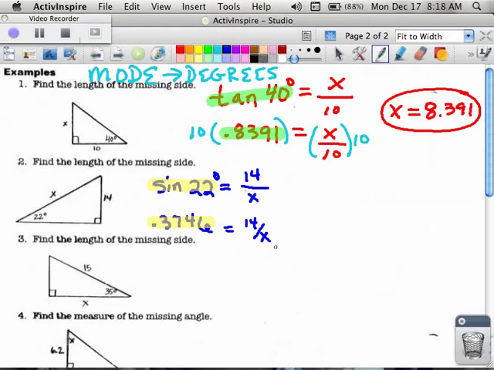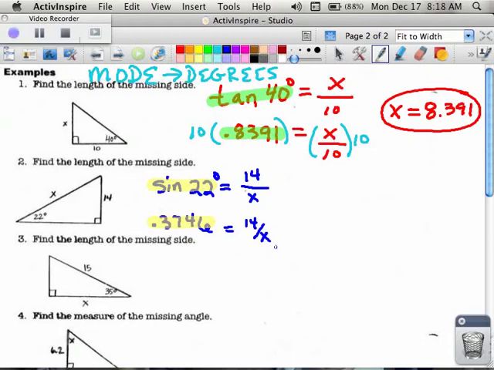Now notice how in the first problem, the variable was in the numerator, on the top, right? And when the variable was in the numerator, we took this number times the sine. When the variable's in the denominator, we're going to take the 14 divided by this number. It's really like cross multiplying, but it saves a step. So if the letter's on the top, multiply. If the letter's on the bottom, divide.